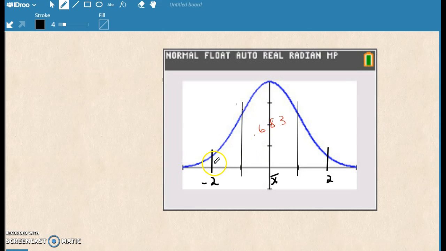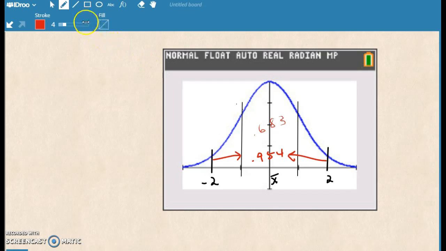But if we go from -2 to 2 deviations on this distribution, what we end up with is a total of 95.4% of the data. So in many applications we think about the middle 95% of this normal curve, and we'll see some of that later. That's between -2 and 2 deviations.